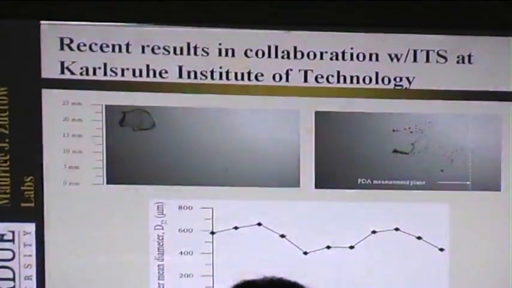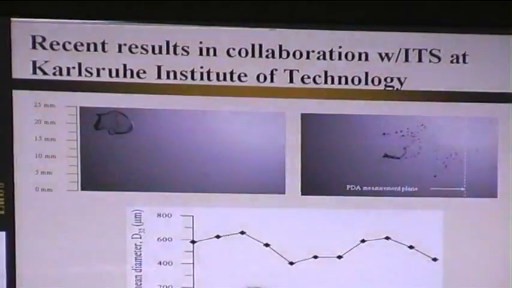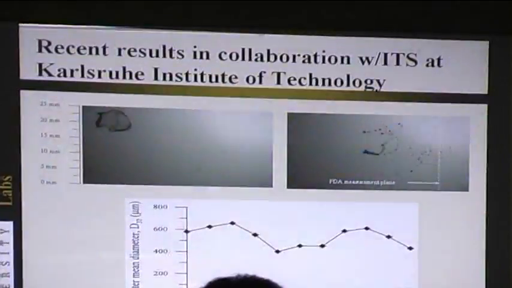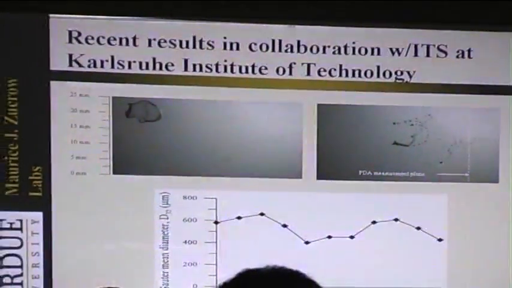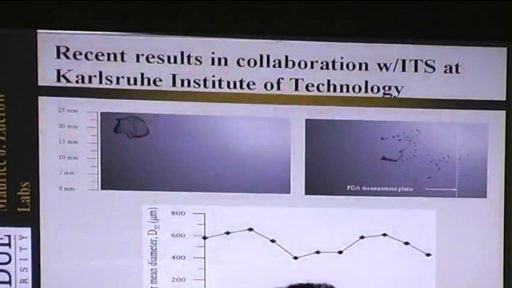But Frank Oliver Bartz, who was here from ITS at the Karlsruhe Institute of Technology, put a PDA measurement plane downstream and let the experiment run until he had a somewhat statistically significant sample of fragments.